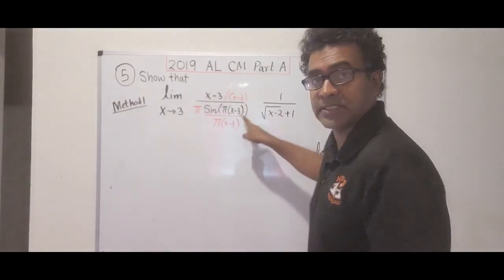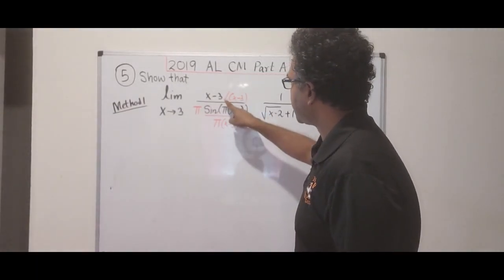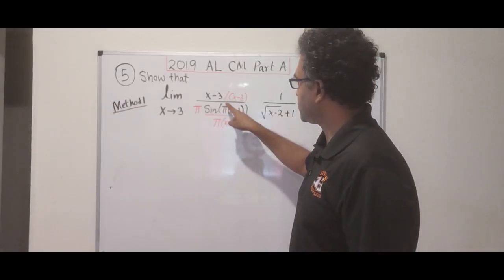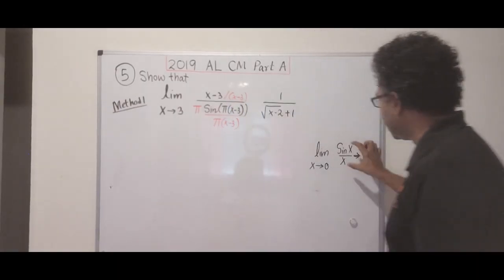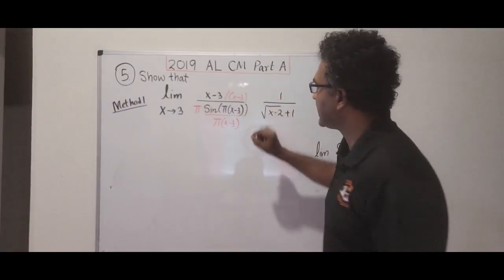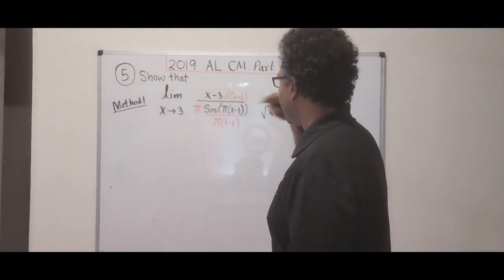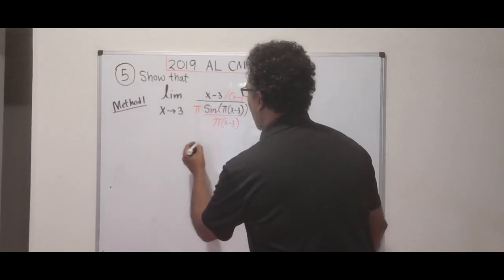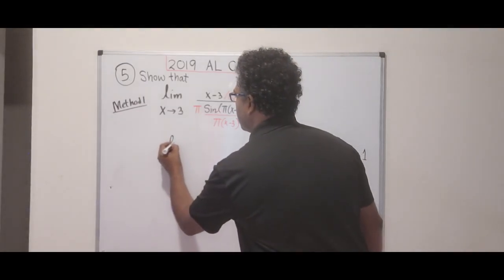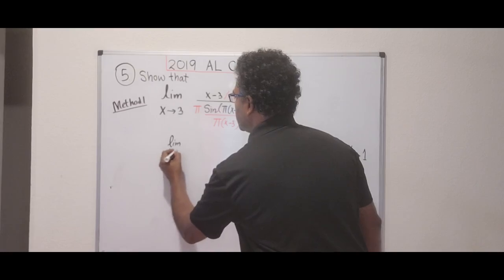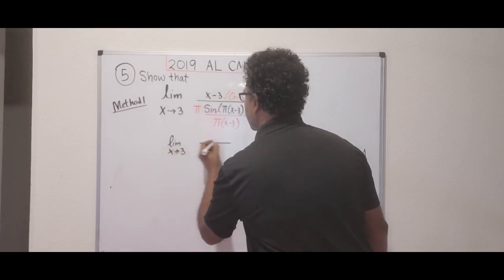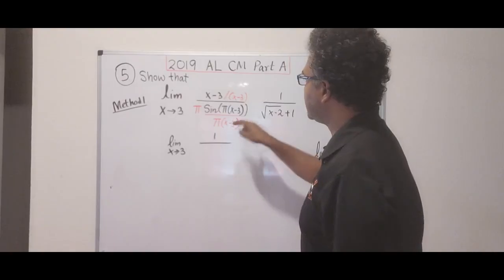Okay, so now let's continue. So this is that expression. My objective is to basically create this type of expression over here. Now look at the numerator, x minus 3 over x minus 3. That's going to become 1. So as the limit x goes to 3, in the numerator I have 1. And look at the denominator.